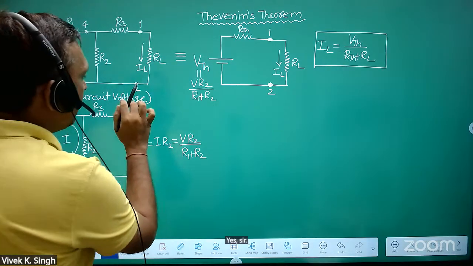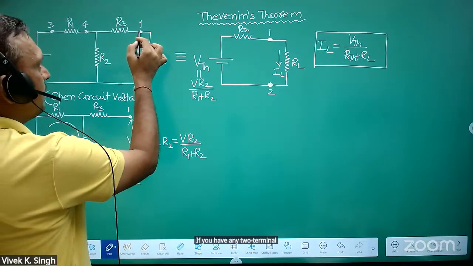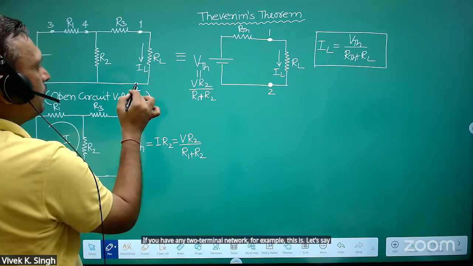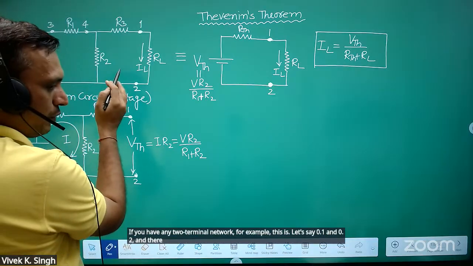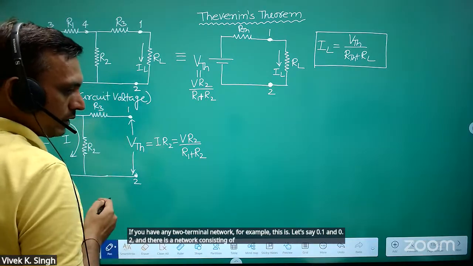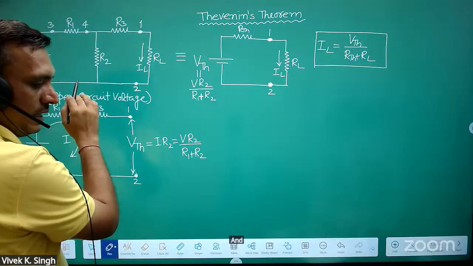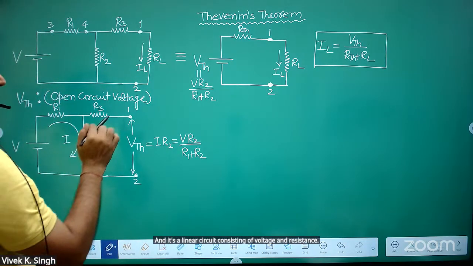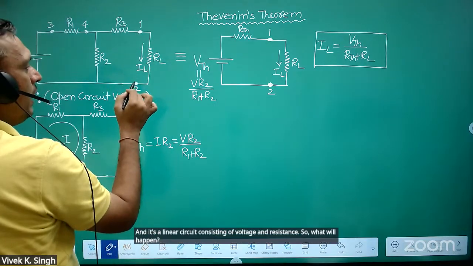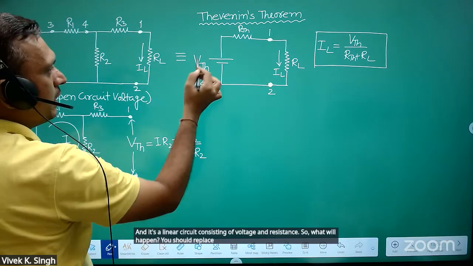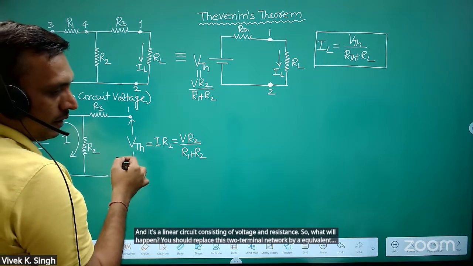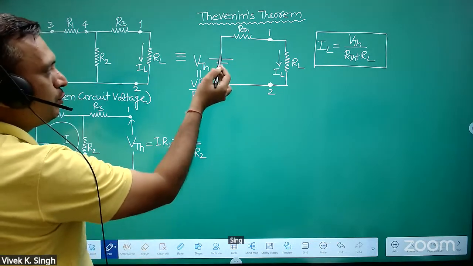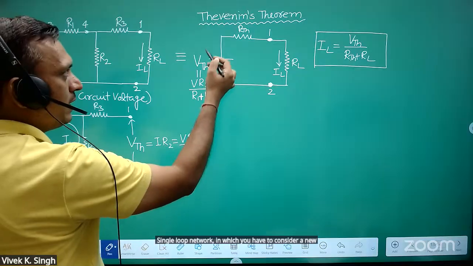If you have any two terminal network, for example, this is, let's say, point 1 and point 2, and there is a network consisting of two terminal network, and it's a linear circuit consisting of voltage and resistance. So what will happen? You should replace this two terminal network by an equivalent single loop network, in which you have to consider a new voltage source and there is a series resistance.